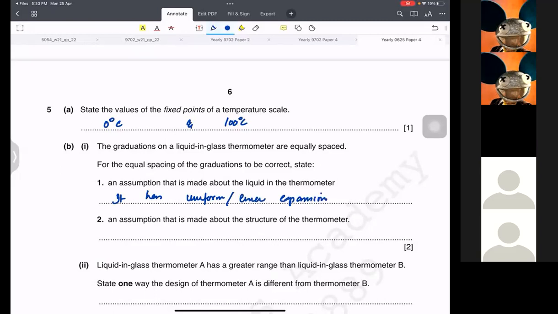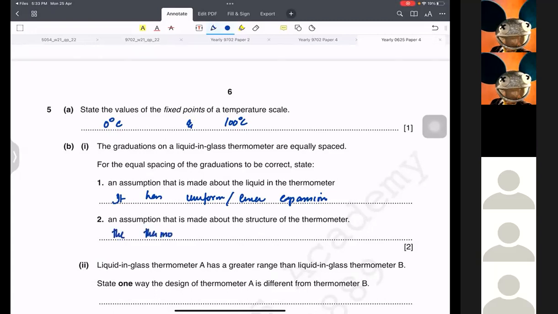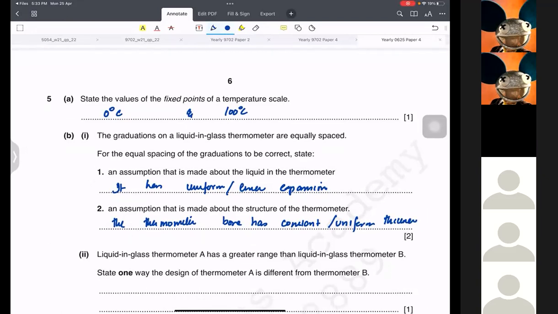Assumption that is made about the structure of the thermometer: it means that the thermometer bore is constant, has constant or uniform thickness or diameter, whatever you want.